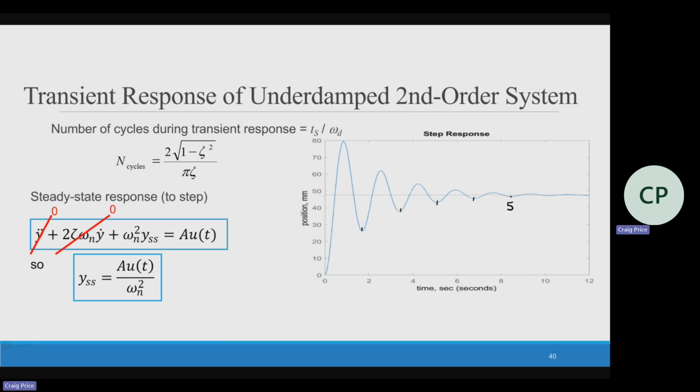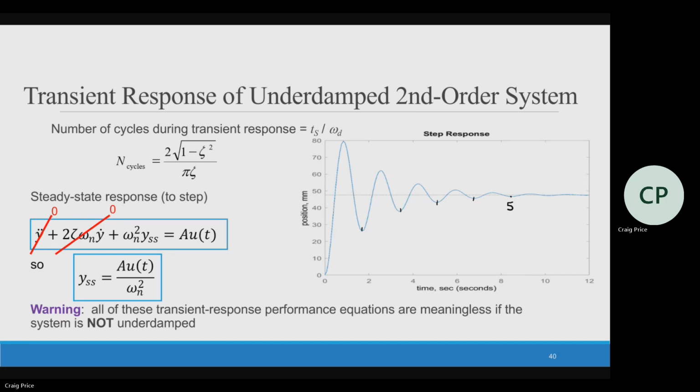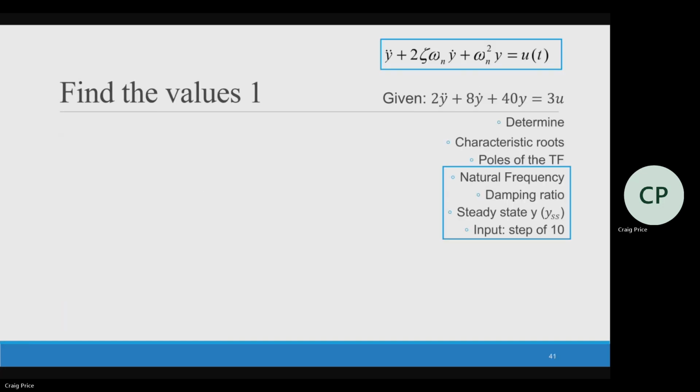All right, so let's do a problem and then we'll take a break. Or you know what? No, you're going to do this first, then we're going to do another problem together. It's a little bit harder, and then we'll take a break. So let's say we have this equation.